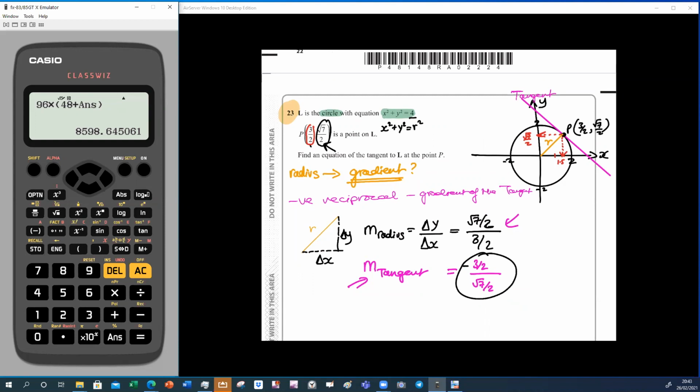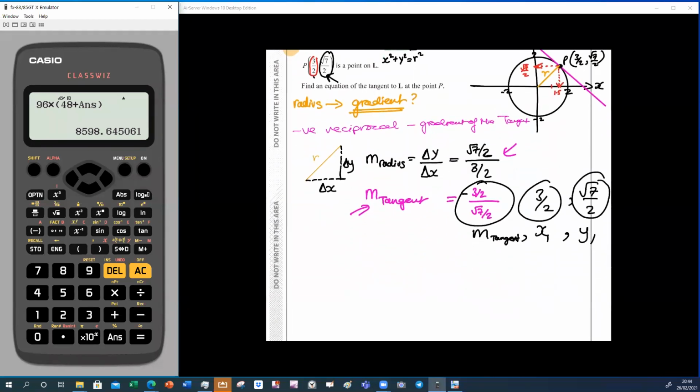We also have, what else do we know? X and Y coordinates. Absolutely. So we know the m value of the tangent. We know the x1 value and the y1 value. So how many values do we have now? 3. So we currently have 3 values, and three values are very important.